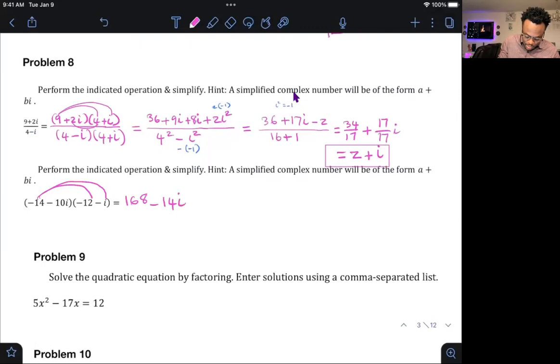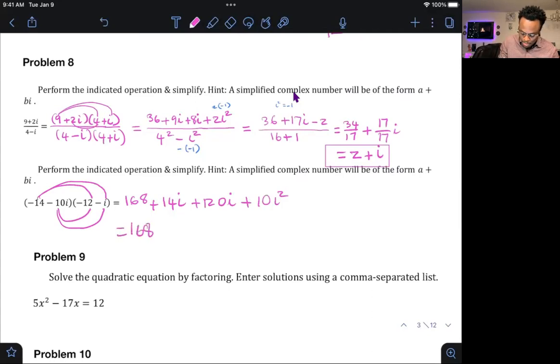You got negative 10i times negative 12, that's plus 120i. And then you have negative 10i times negative i, that is plus 10i squared.